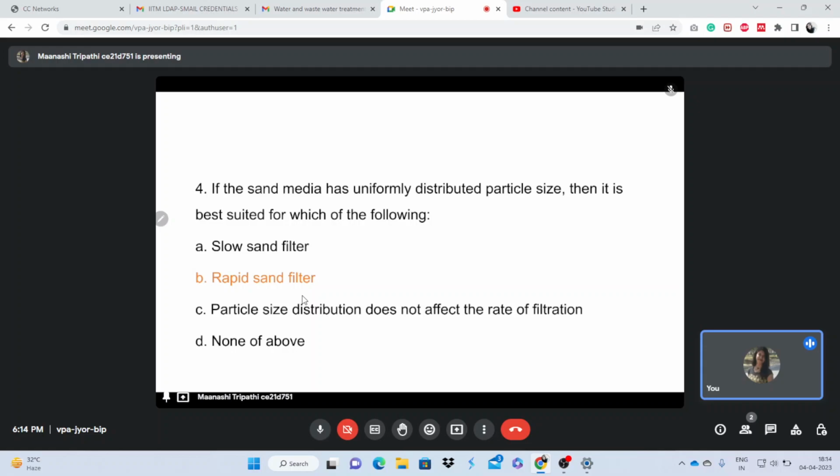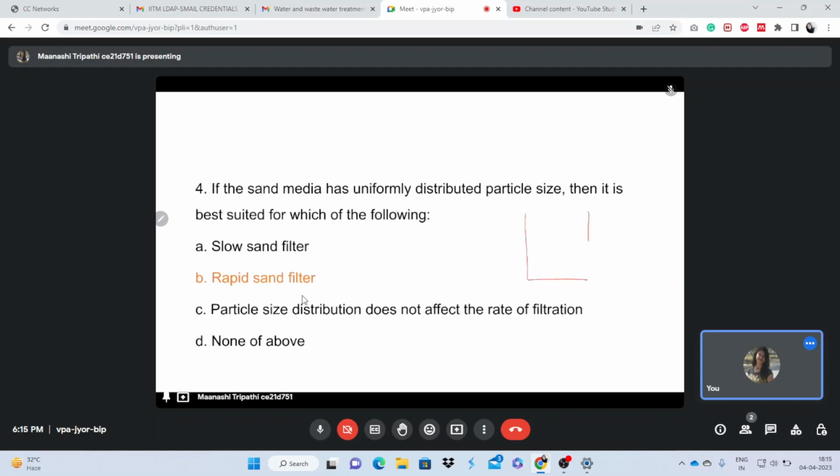So while backwashing, what will happen? Smaller size particles will go to the top and the larger size particles will come to the bottom. Normally, while designing any filter, you will design it like this only.